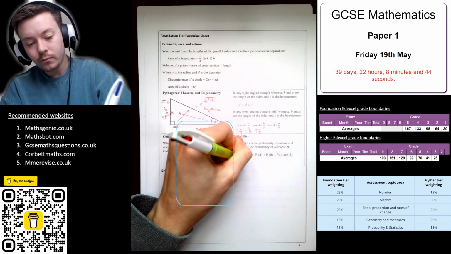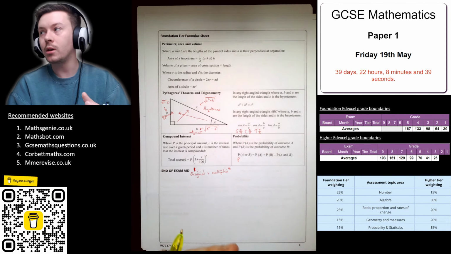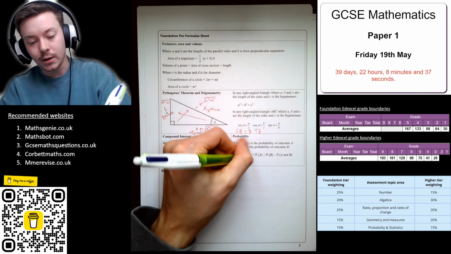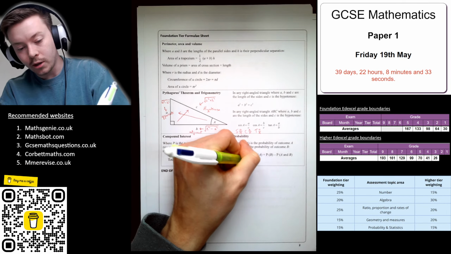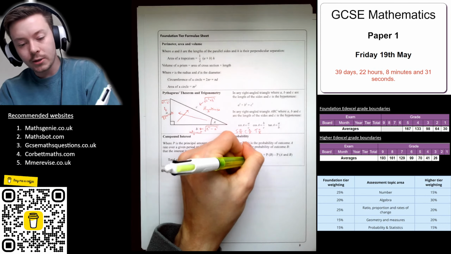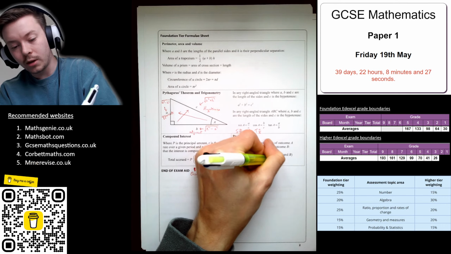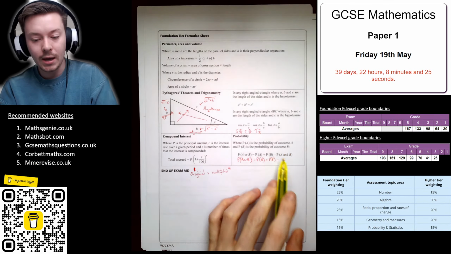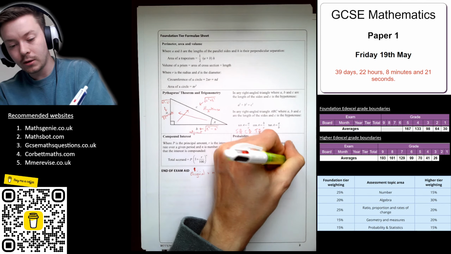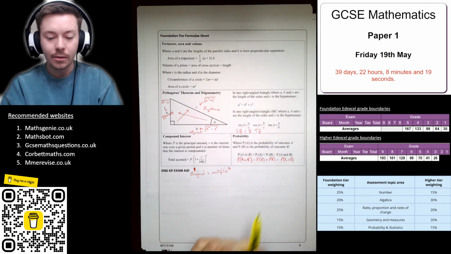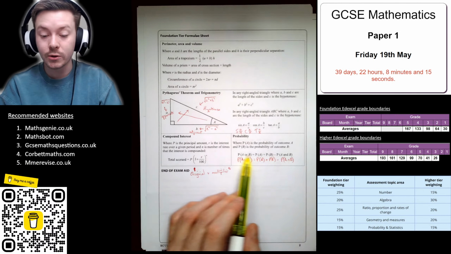So a much more useful way, and maybe more familiar way to see this is A or B is written as A union B. That is equal to the probability of A plus the probability of B minus, or A and B is the intersection, so probability of A intersect B. That is the more common way of seeing that.